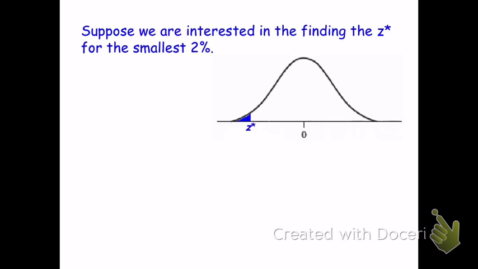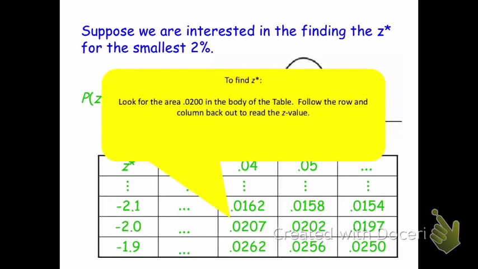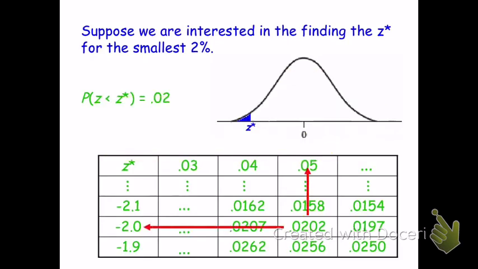Negative 2.05. Really it's in between negative 2.05 and negative 2.06. Does everyone see that in the table? So I'm just going to say the closest one is negative 2.05. If you said negative 2.055, that would also be correct.